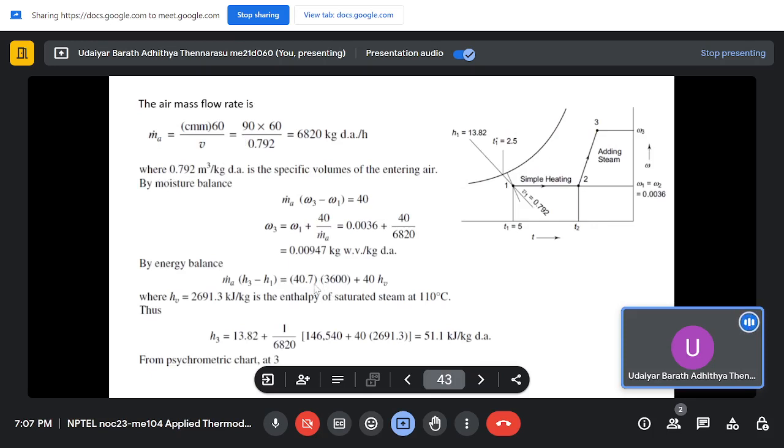So converting into kilowatt hour, we multiply by 3600, plus 40 is the mass flow rate of water vapor which is added as steam, into enthalpy of steam. So enthalpy of steam at 110 degrees Celsius is 2691.3. So substituting that, we can find out enthalpy at state 3. So enthalpy at state 3 is 51.1 kilojoule per kg of dry air.